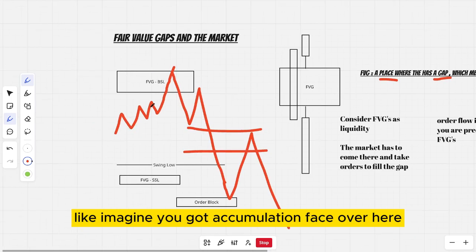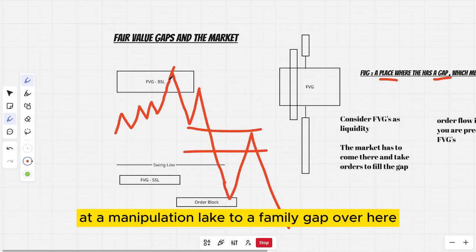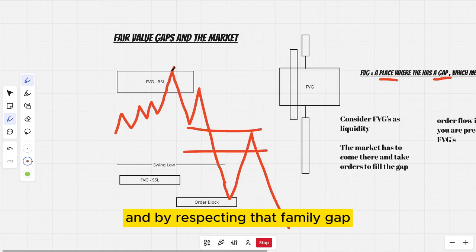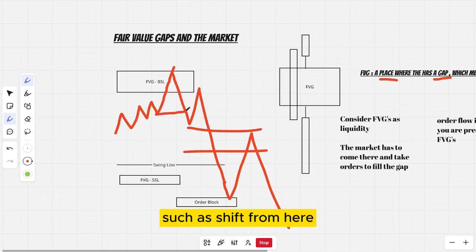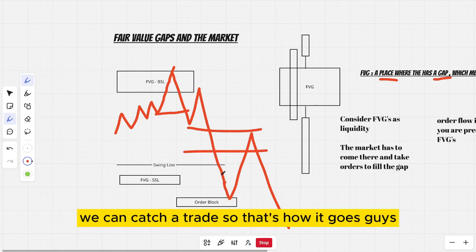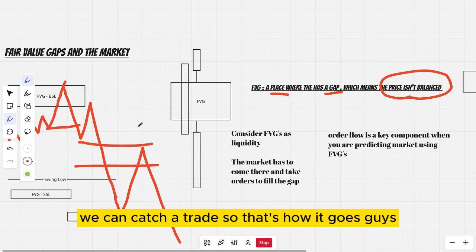In this case, imagine we got an accumulation phase over here and a manipulation leg to a fair value gap over here, and by respecting that fair value gap, rejecting from a body and a market structure shift from here, and respecting the order flow, we can catch a trade. So that's how it goes, guys.